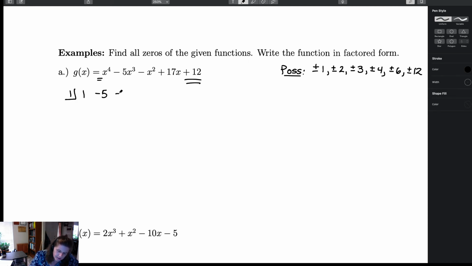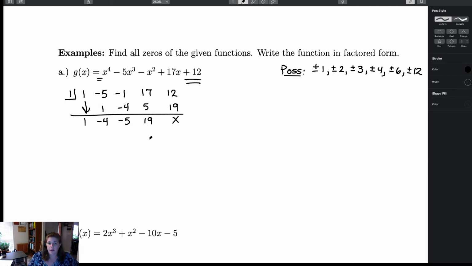And using synthetic division, I'm going to bring that down. 1 times 1 is 1. -4, -4, -5, 5, 19, 19. I don't really need to know what the remainder is, but if it's not 0, it's not a factor.